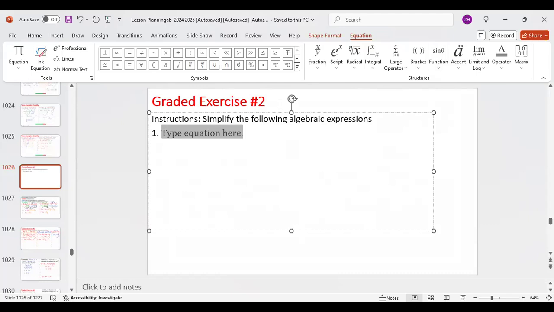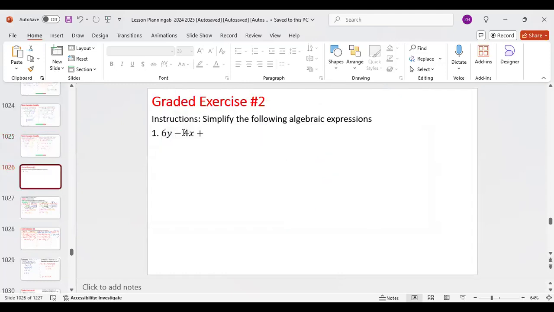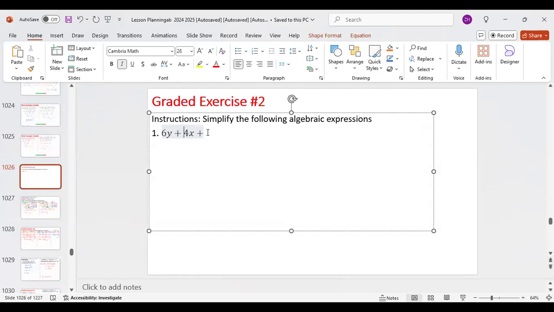This is going to be 6y minus 4x plus 6y plus 4x minus 7y plus 9y plus 2x.